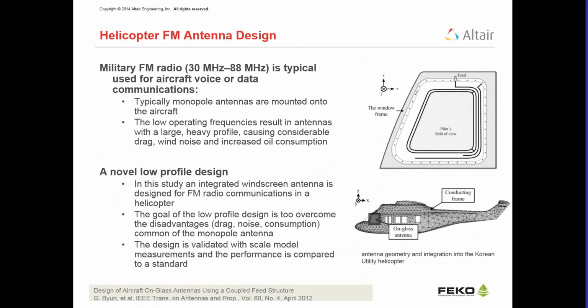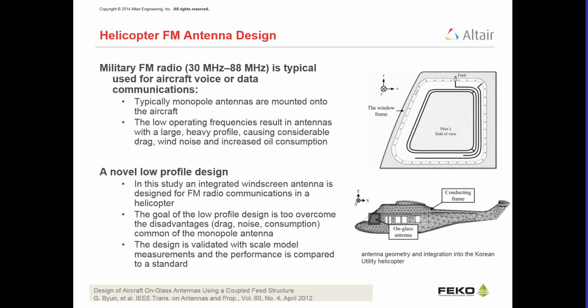So instead, one can design a glass integrated antenna on the side of the helicopter, in the windshield here, the window here, and that could be used for the FM radio, 30 megahertz to 88 megahertz, for voice and data communications. So in this case, in this paper, that was published in IEEE Transactions on Antennas and Propagation in 2012.